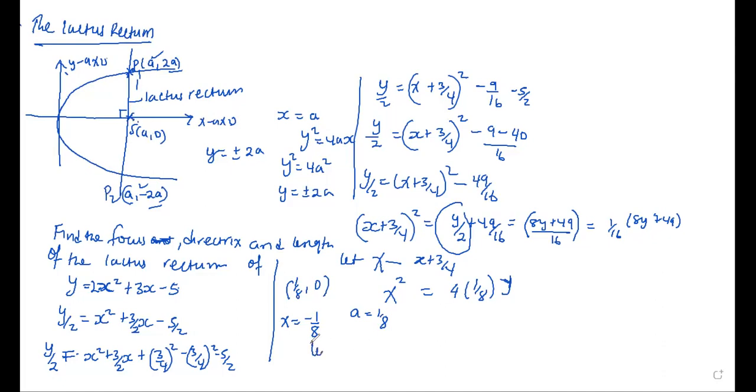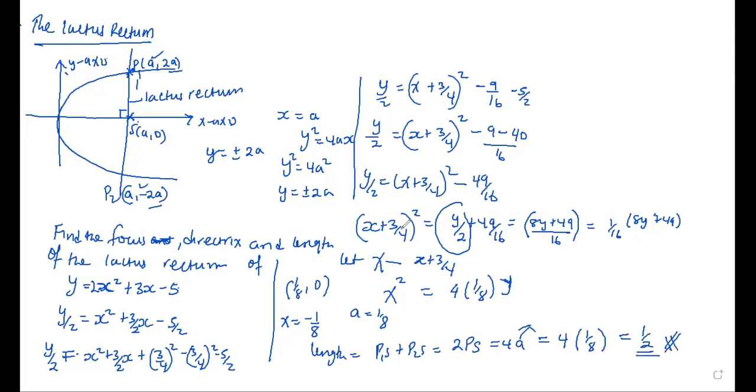So length is equal to P1S plus P2S, which is the same as 2PS, or twice the distance from there, which is always equal to 4a. This is a constant. It is always equal to 4a. So if it is equal to 4a, we have already seen that a is 1 out of what? 8. So the length of the latus rectum is going to be a half. And that will be the answer.